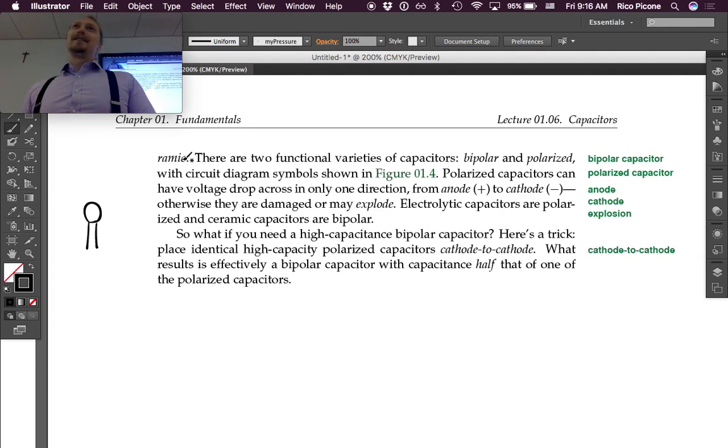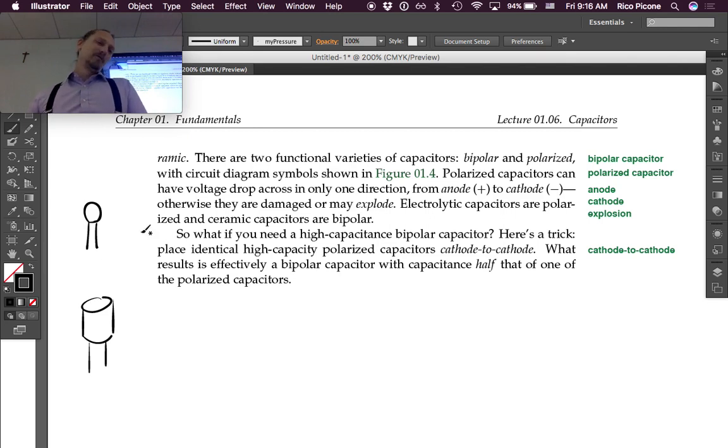Yeah, those are ceramic capacitors. Electrolytic ones, there are lots of different varieties, but they look a little bit like a barrel. One side is kind of flat, usually. Sometimes it depends on the brand, really.